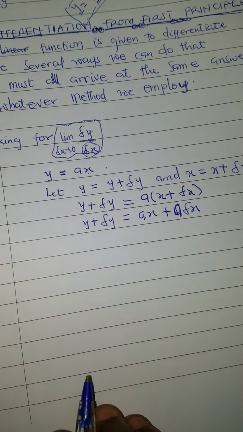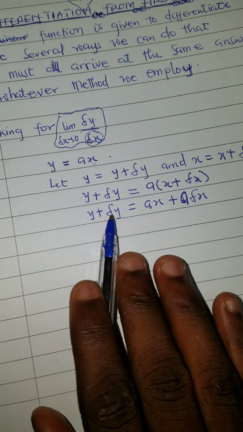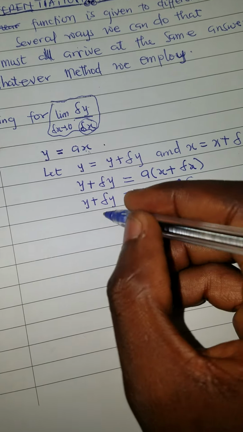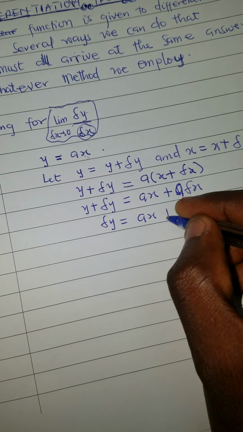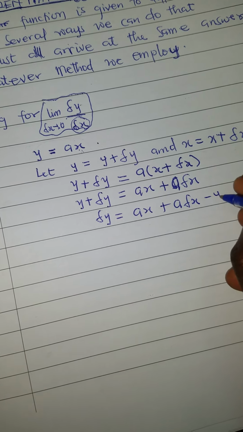Now if you're having this, what do you do again? We are looking for dy, so we have to make dy the subject. So dy is equal to a(x plus change of x) minus y.